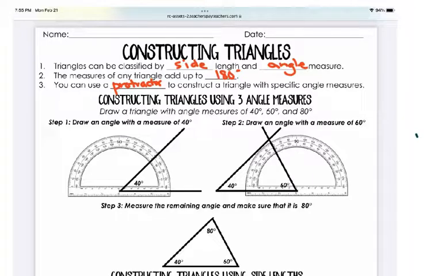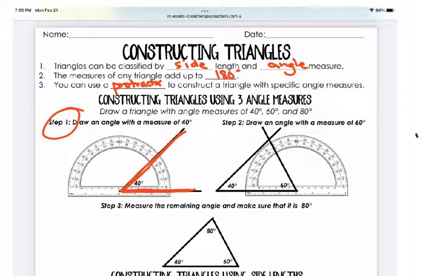So for example, right here on step number one, I don't have a protractor that I can show you online here, but fortunately for you, you have drawn angles with your protractors. But you see we have an angle. We can draw a baseline here and then draw an angle measure of 40 degrees. Okay?